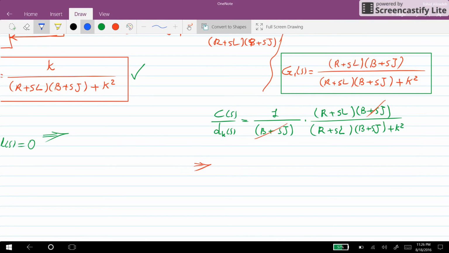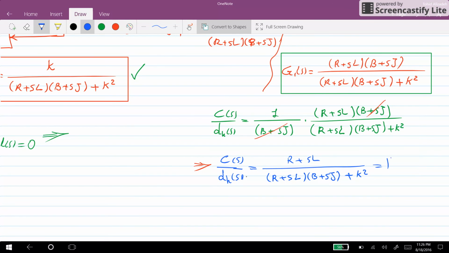And accordingly, after simplification, c over dh is given by R plus SL over R plus SL times B plus Sj plus K squared.